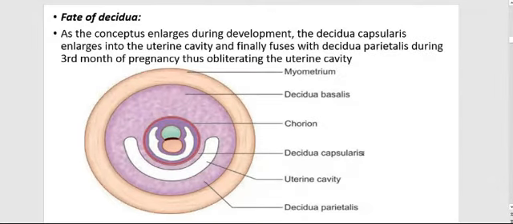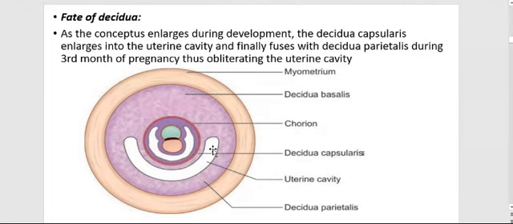So what happens now to the decidua? As the conceptus is enlarging, becoming bigger and bigger, it will start projecting into the uterine cavity.